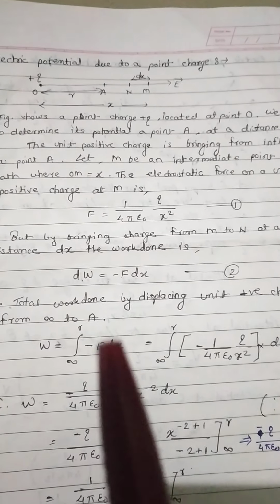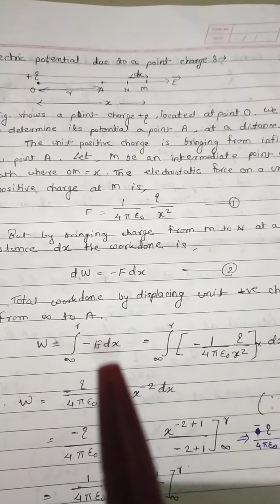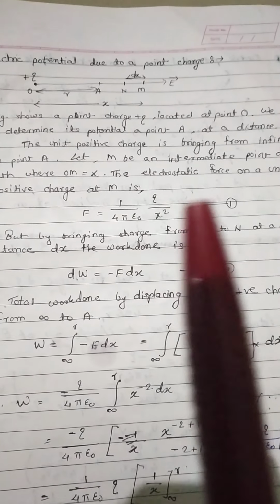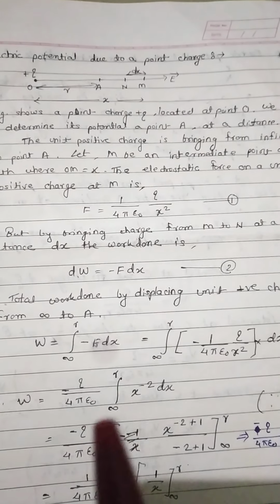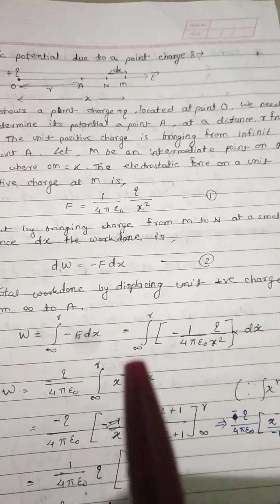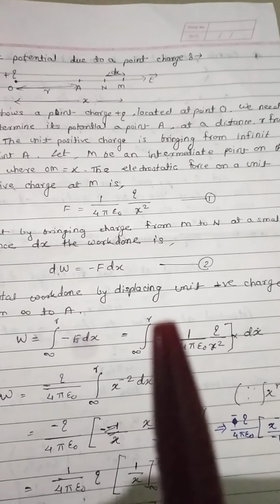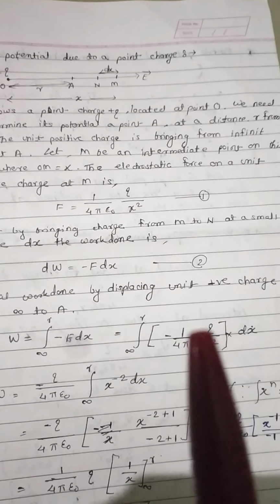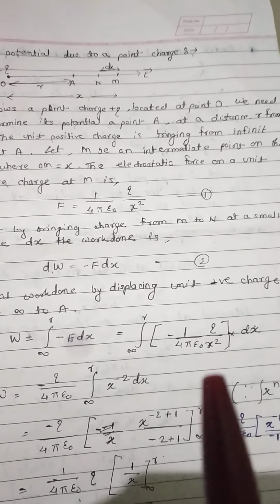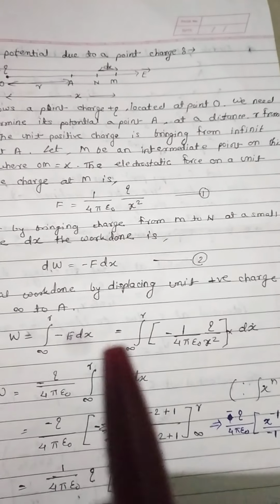Here F means the electrostatic force. So putting in equation number 1, we get the integration from infinity to R of minus 1 upon 4 pi epsilon naught Q upon x square into dx.